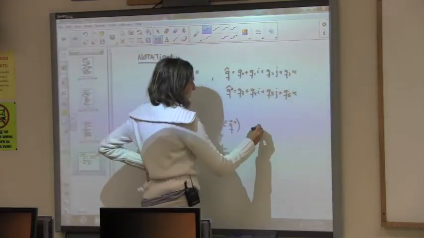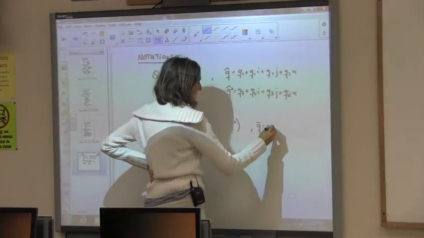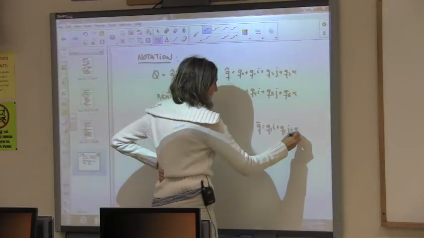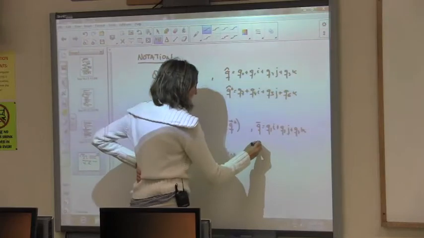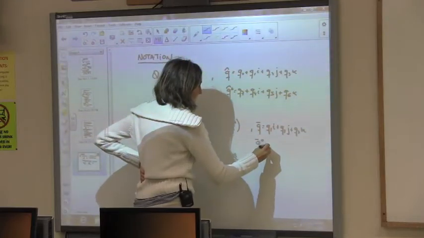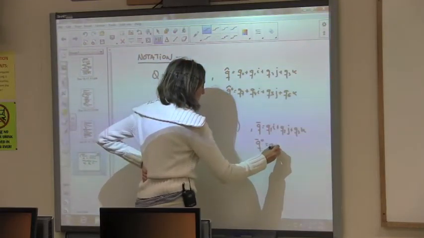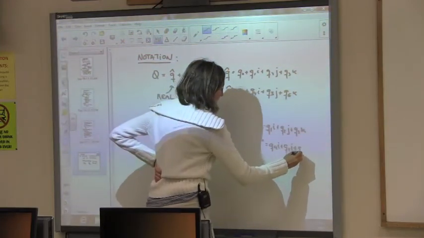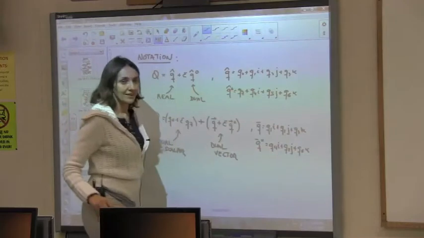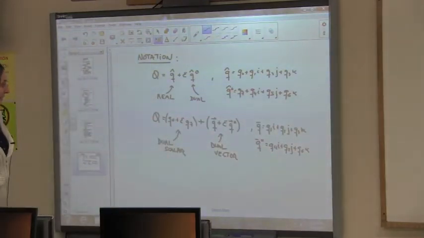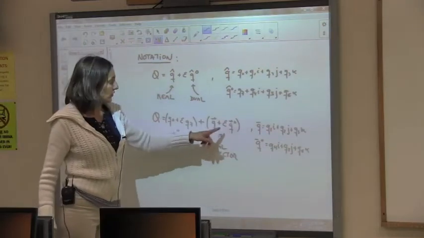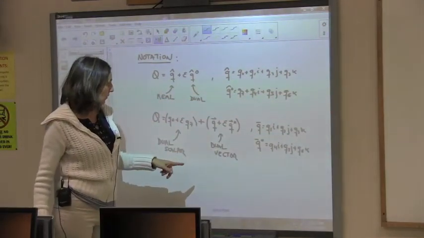we have q will be just q1i plus q2j plus q3k, and q super 0 q4i plus q5j plus q6k. Yes? What is written in the dual vector? The dual vector is these two vectors. No, what is written there?